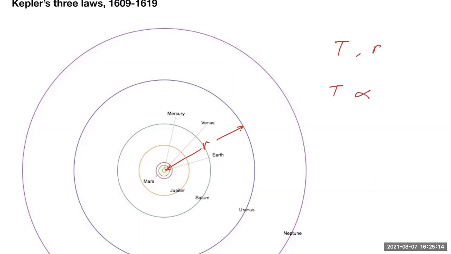However, if you raise T to the power 2 and raise R to the power 3, then you find that they are proportional to each other, meaning that for any of these visible planets he studied, if you plot T squared versus R cubed, you get a constant. We can call that constant K, and that K is the same for all these planets. That is known as Kepler's third law, the law of periods.